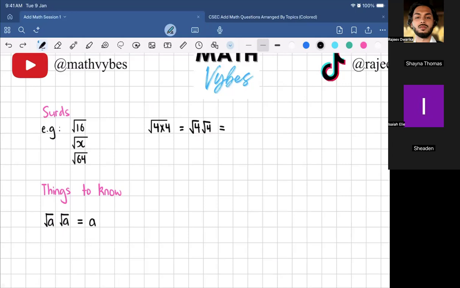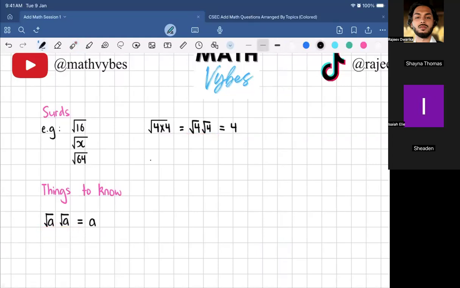Now, according to the first rule, if you have a surd multiplied by another surd, and it's the same, you get rid of the surd. So if I have root 4 by root 4, are they the same surd? Yes. So that answer is just going to be 4. Can you see that it's following the rule? Yes.